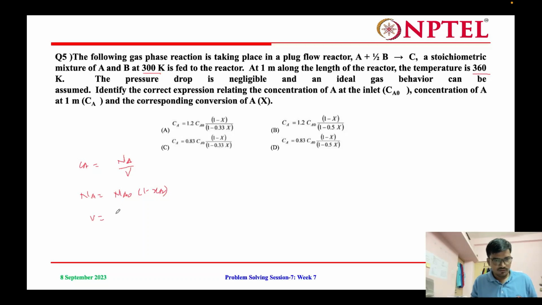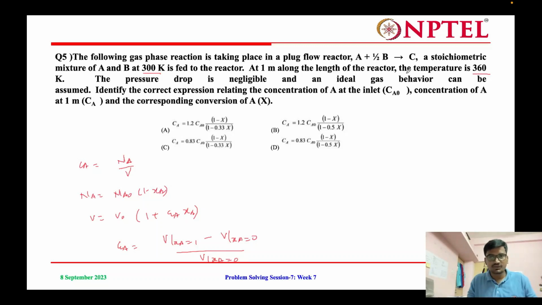V is equal to V_0 (1 plus epsilon_A X_A), right. To calculate epsilon_A, it is the volume after conversion minus before conversion, divided by before, at X_A equal to 1.